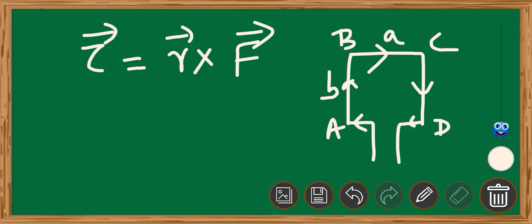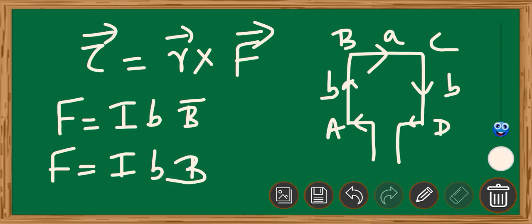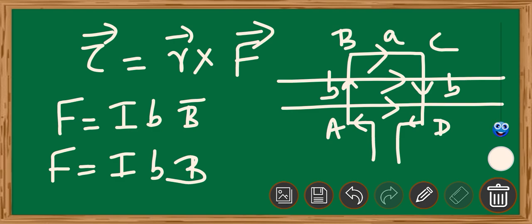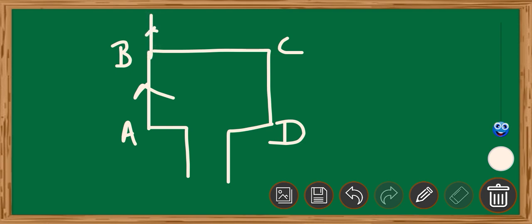The contribution of the portion AB is I b B, and the contribution of the portion CD is also I b B. Now, one force is acting in this direction and the other force is acting in the opposite direction, for the loop ABCD.